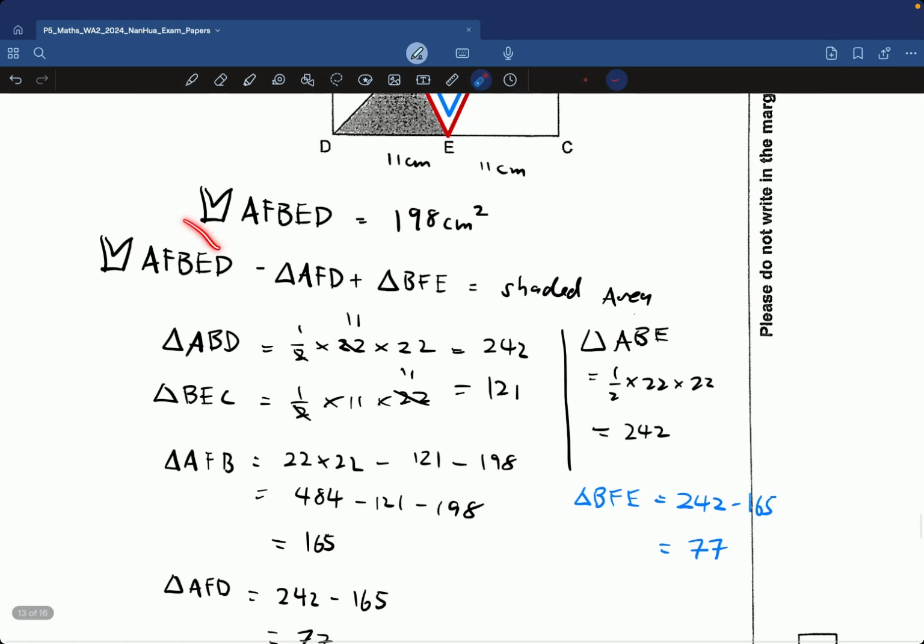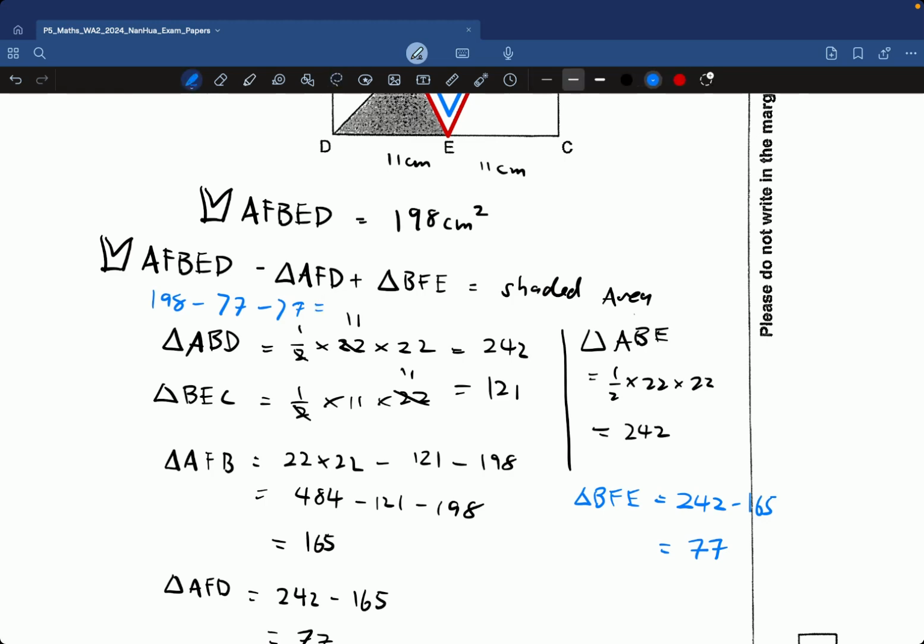Now we can get AFBD. So we can swap the values. So AFBD over here is equal to 198 minus AFD, which is 77, minus BFE, which is 77 as well. Let me just write it down.